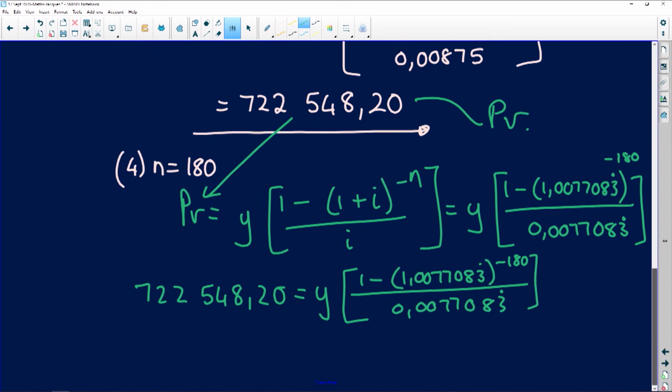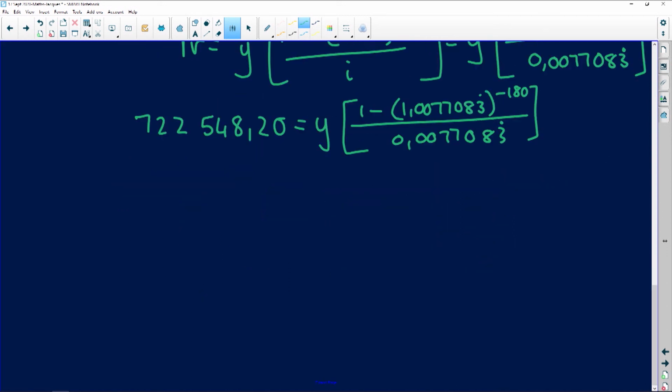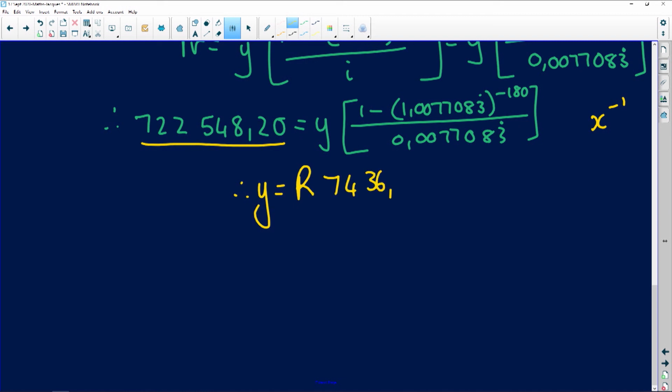Okay, with that in mind, and carefully doing this calculation on your calculator, again, I always calculate this, I turn the answer around with a button that says x to the minus 1, and then I times it with this figure over there. So my final result for this should be 7,436 Rand and 41 cents.